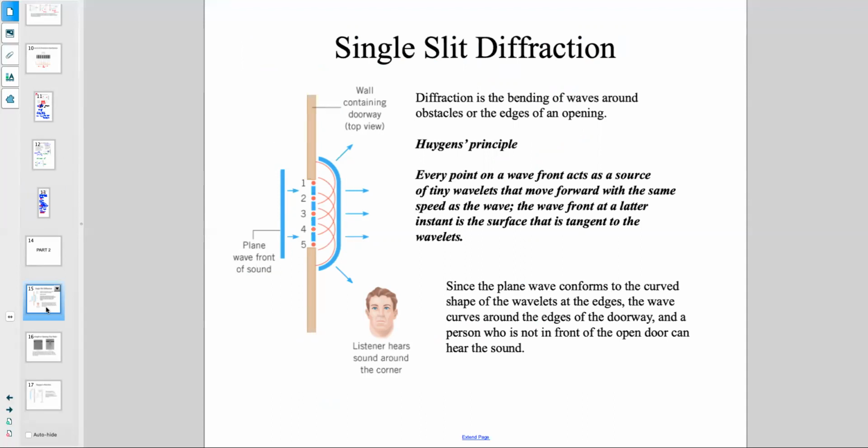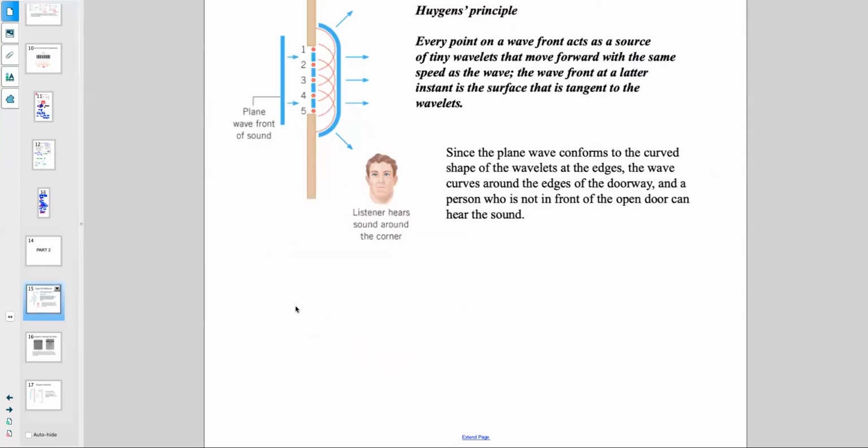So if I have a plane wavefront that's coming to this doorway, and these are walls, and this is the doorway, we believe that every single one of these wavelets is acting like a source of wave, okay? In other words, if this is the wavefront, then every single point is acting like a source of wave.